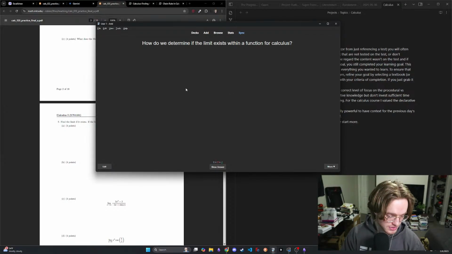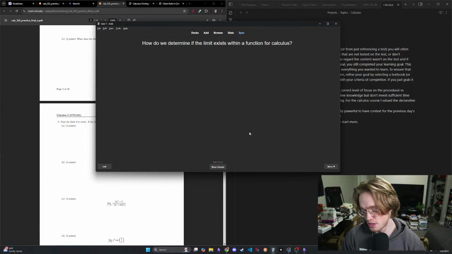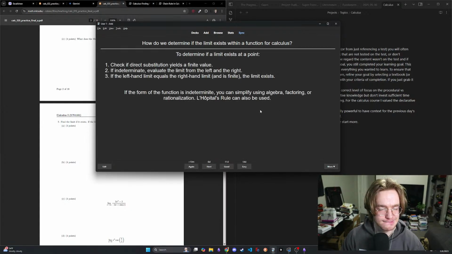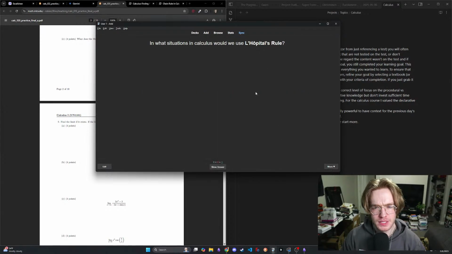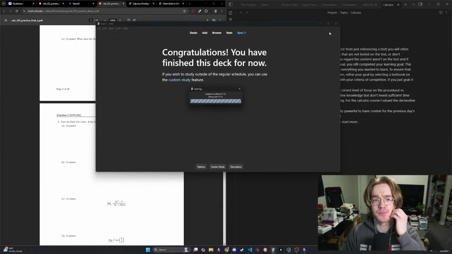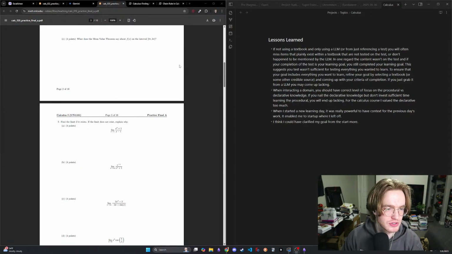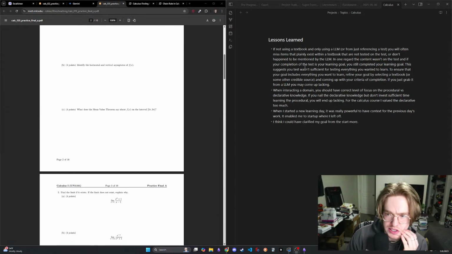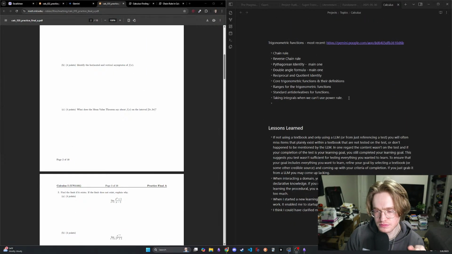And then if you have 0 over 0 or infinity over infinity, you can use L'Hopital's rule to reduce further. Okay. When we have an indeterminate form and we're looking for the limit. Okay, that was for L'Hopital's rule. Okay, sweet.